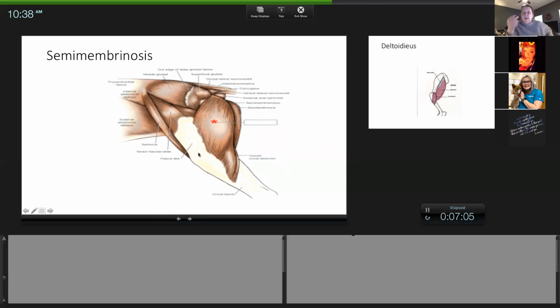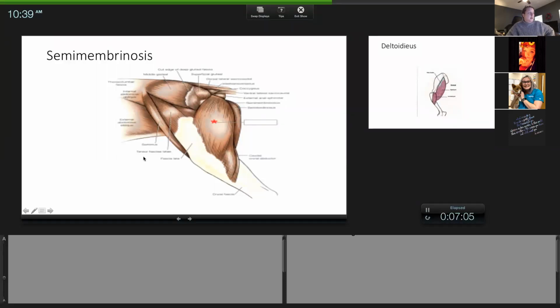I sent you guys a variety of videos yesterday. I don't want to overload you, but if you have time to watch them, they do a dissection of the hind leg. And it will show that fascia lata, she lifts it up and shows some of these muscles.